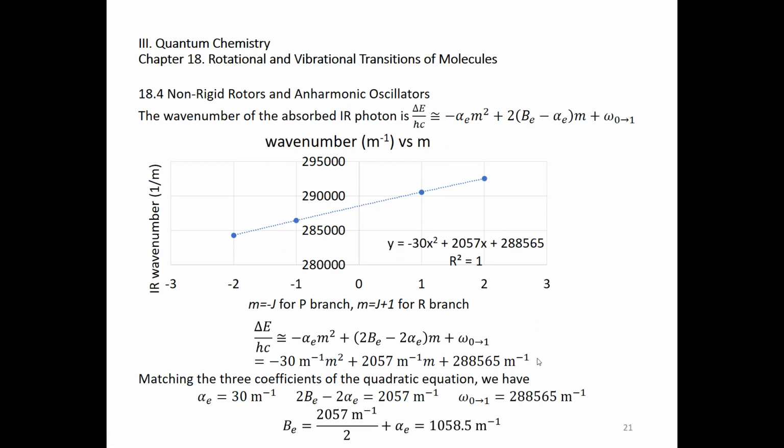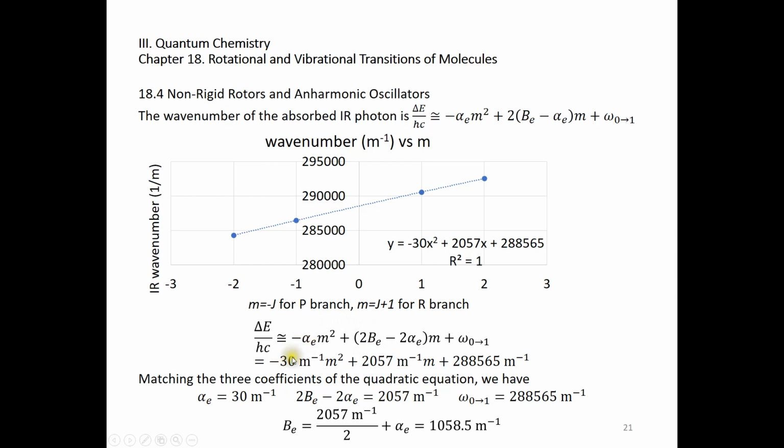Again, the wave number of the absorbed infrared photon for a real molecule can be expressed as a quadratic function of M. M is negative J for the P branch. M is J plus 1 for the R branch. We do a quadratic fitting over here, and then we can solve for alpha_E, B_E, and omega from 0 to 1. So again, we just compare these two.